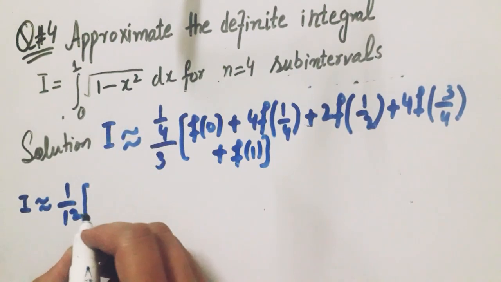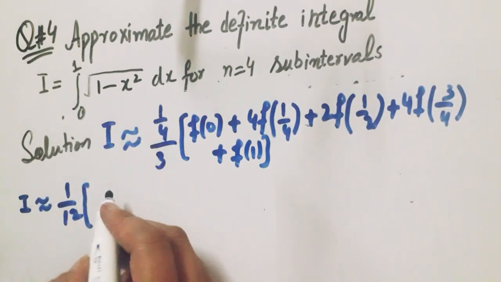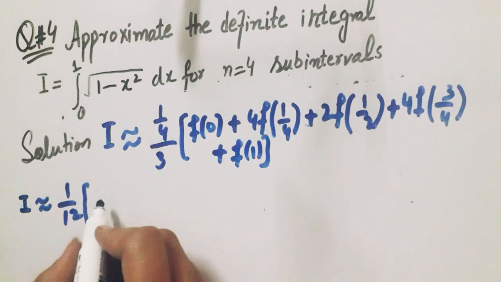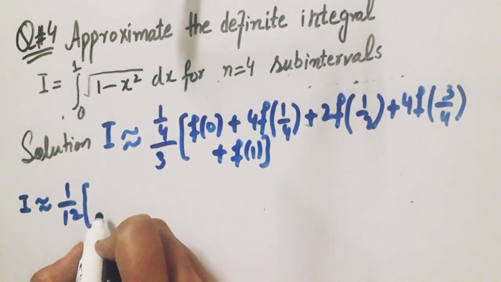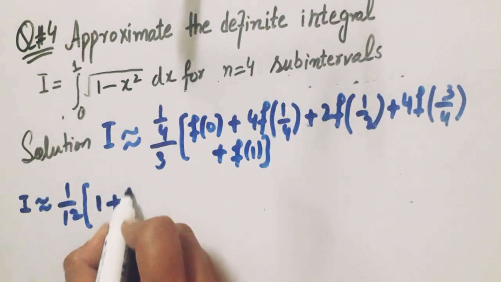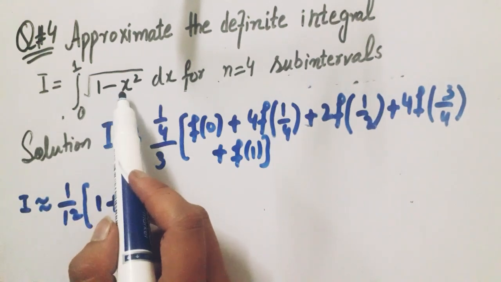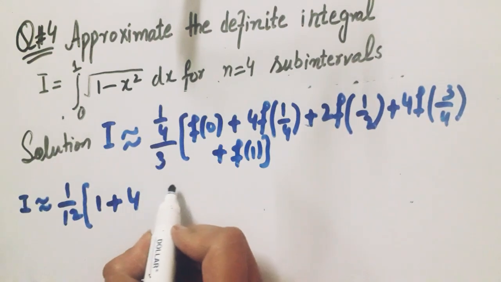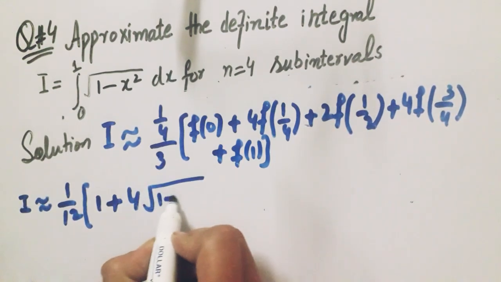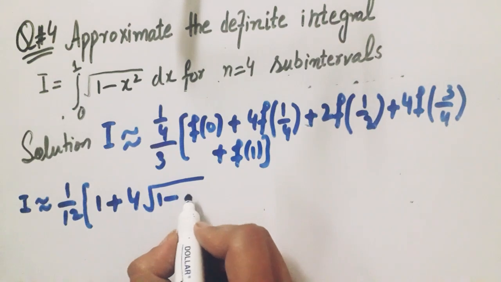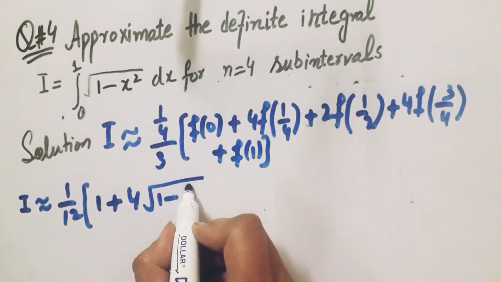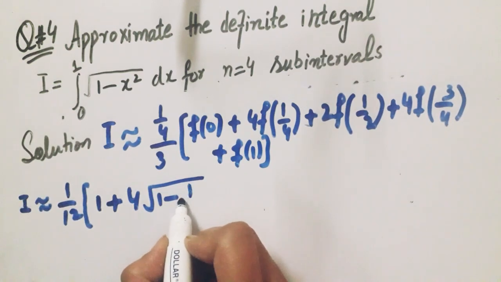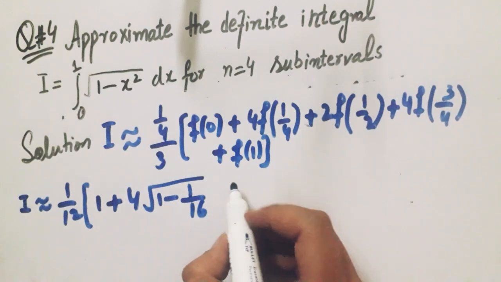Now put 0 in this. So it will become square root of 1 minus 0. 1 minus 0 is 1. So this is 1. So 1 plus 4, and then put here 1 by 4. So it will become square root of 1 minus 1 by 4 square, so 1 by 16.